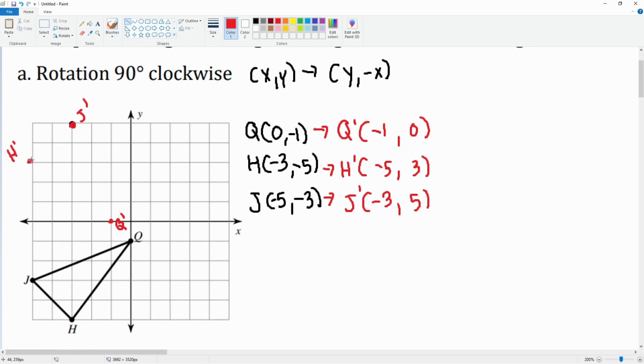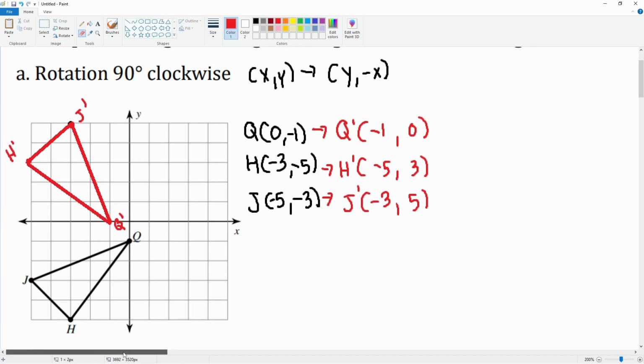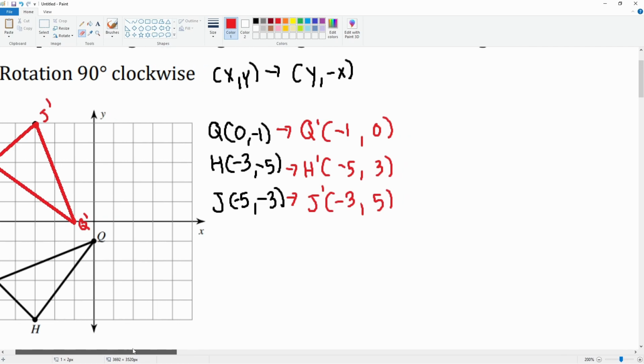Let's connect it. That looks good. That is the rotation. Again, when it's 90 degrees clockwise, you switch the values, and then the original x switches signs. That's based on the rule, and that looks like a rotation.